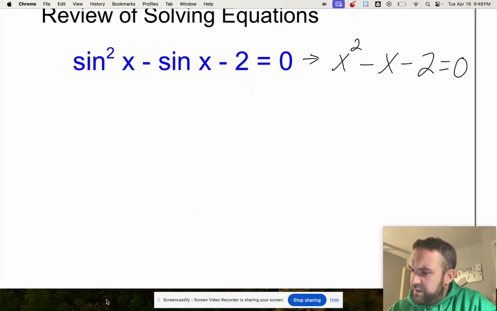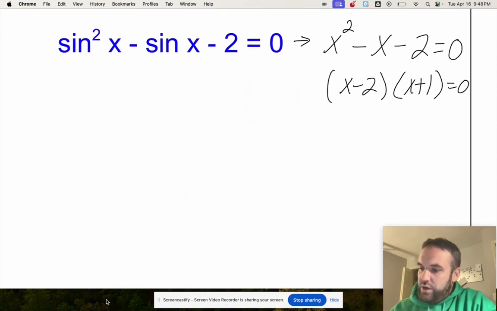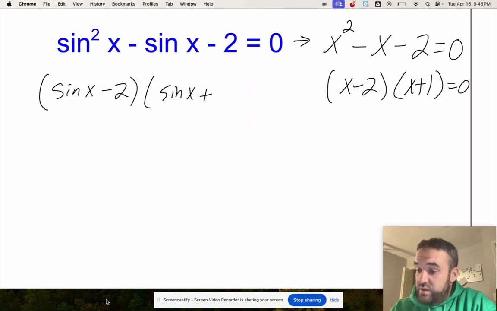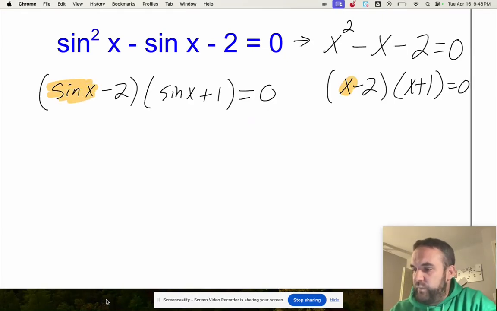This can be factored into x minus 2 times x plus 1, so it factors into sine of x minus 2 times sine of x plus 1 equals 0. Again, just treating sine of x as a single variable.